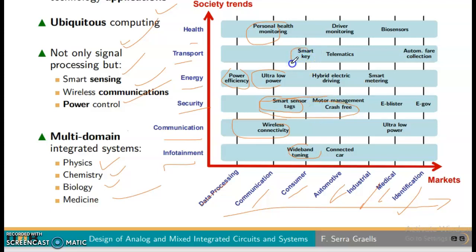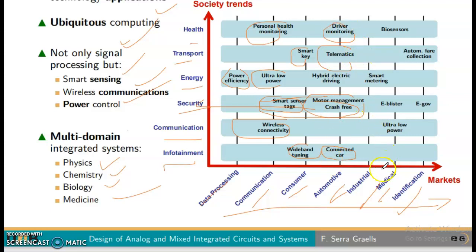Smart key in transport, this will come in security. Under automotive: connected car in infotainment, motor management, cash free, telematics in transport, driver monitoring in health.